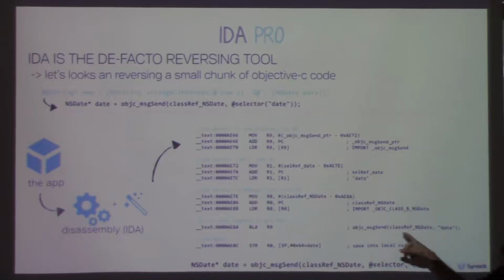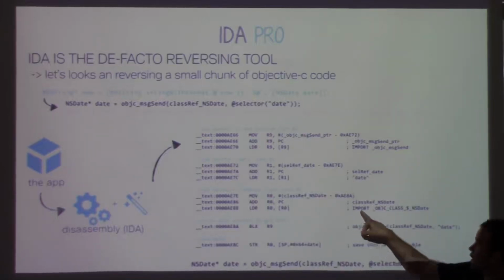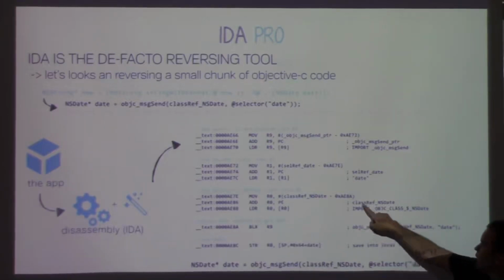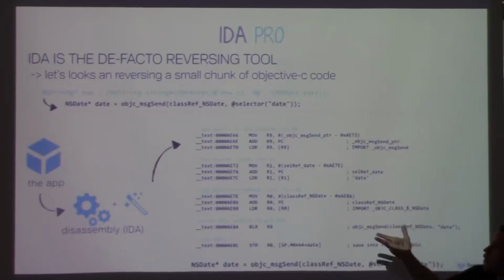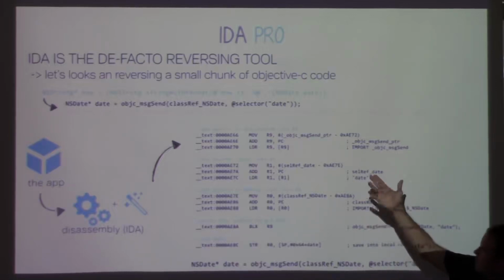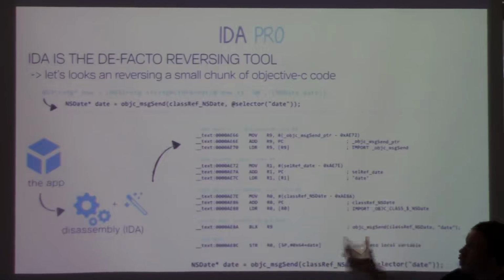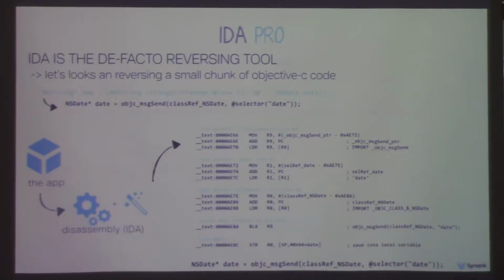If we look back, we can see in R0, which is the first argument, it's invoking NSDate, which makes sense because we're calling the NSDate date method. If we look back in R1, which is the second parameter and is the name of the method we're calling, we can see that it's date. So now we know this BLX R9 is calling NSDate's object, and the method it's invoking is date, which just gives you the current date.